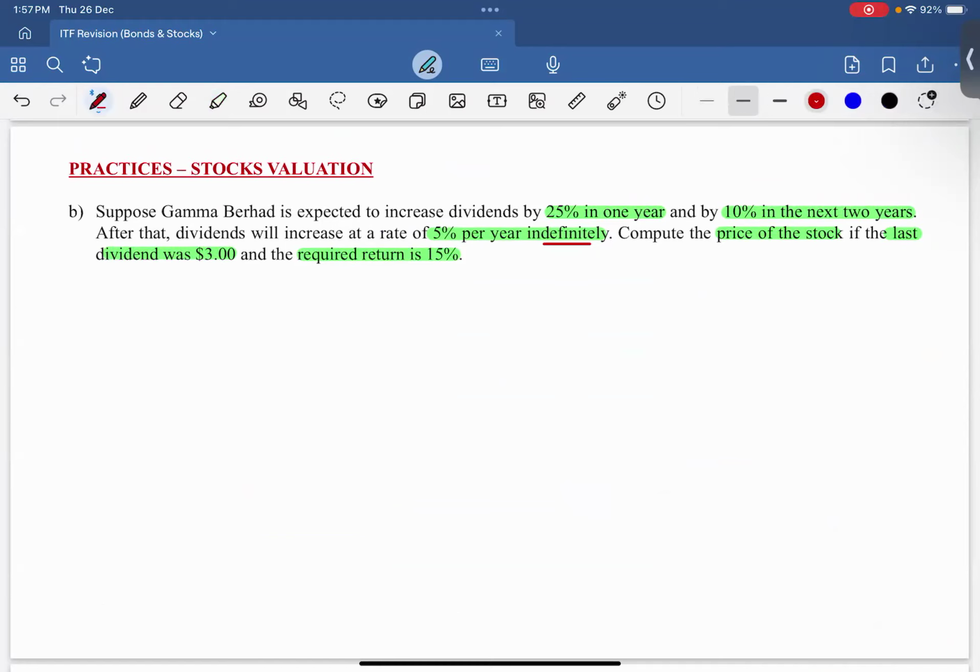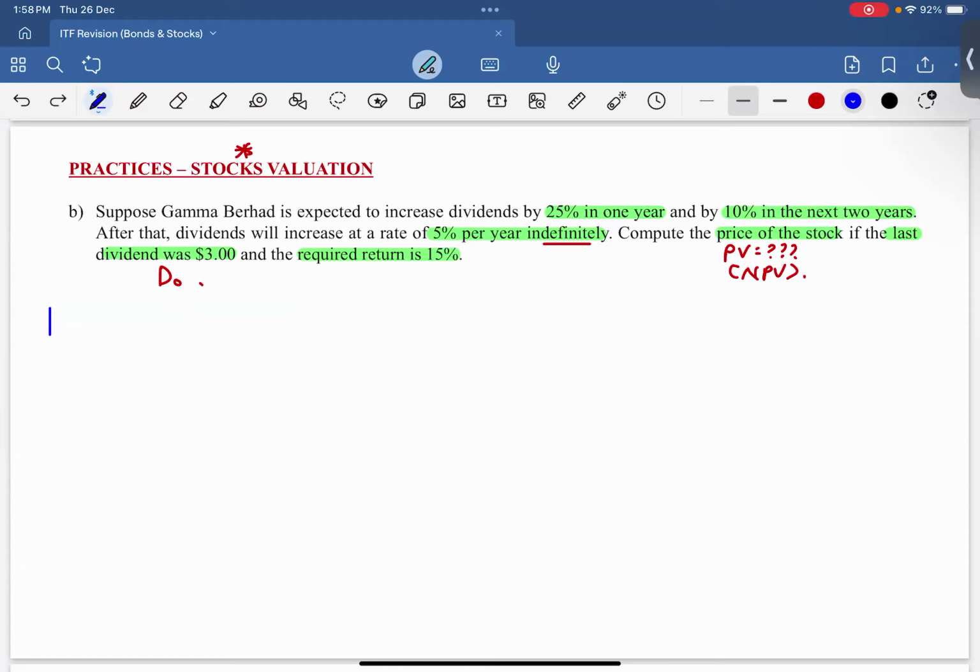That means the present value of the stock, or you can call it NPV. Last dividend is D0. My suggestion is for stock questions, draw the timeline first. If not, it will be too difficult for you.